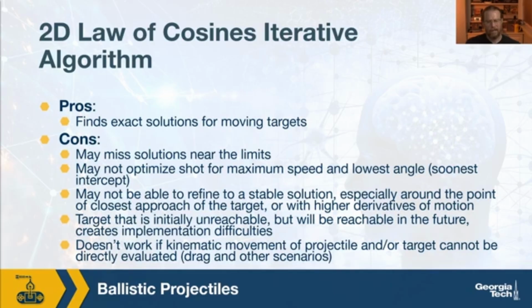Also, a target that is initially unreachable but will be reachable in the future can create implementation difficulties, because the first attempt to hit the target might be an issue, though it's less of an issue than with the static targeting, because this actually does take into account the motion of the target.